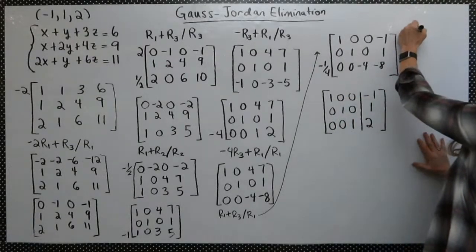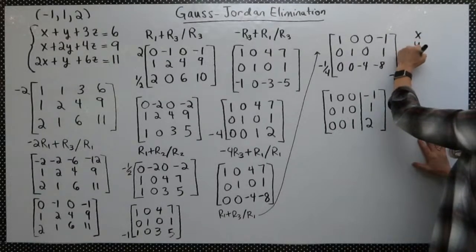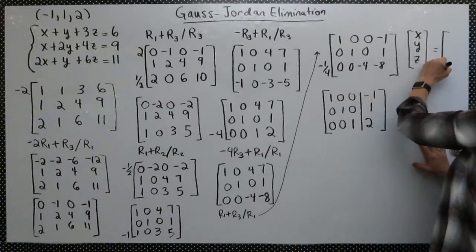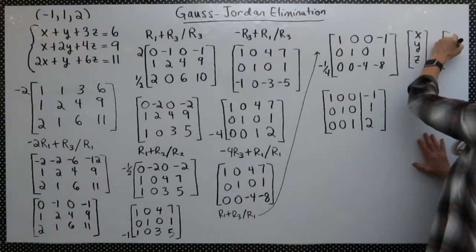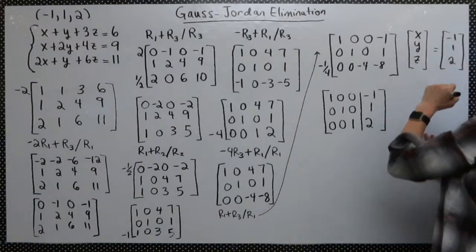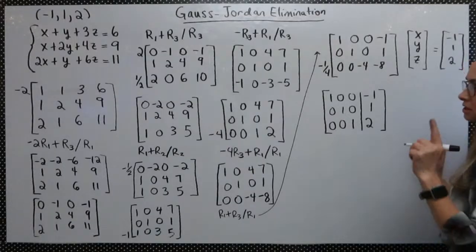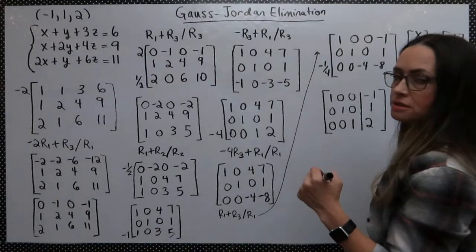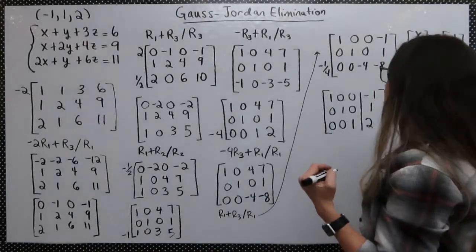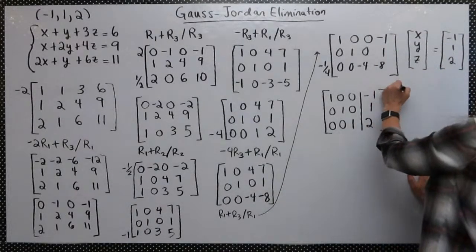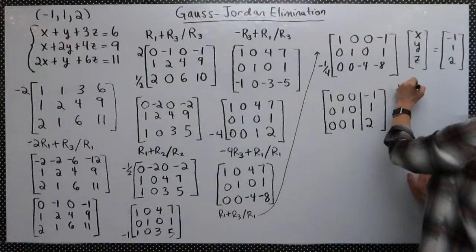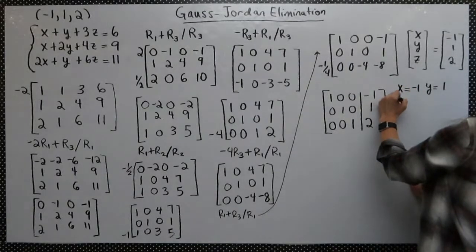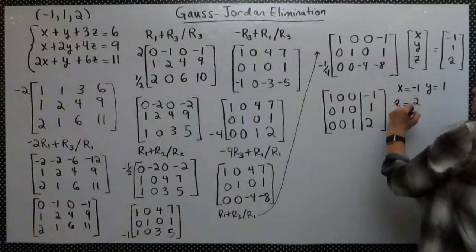And so here is my solution. Where you write it would say x, y, z, and that equals negative 1, 1, 2. And then in order to check, you take your original system and you make sure that each equation in your system is satisfied by your solution. You do that by just replacing x with negative 1, y with 1, and z with 2.